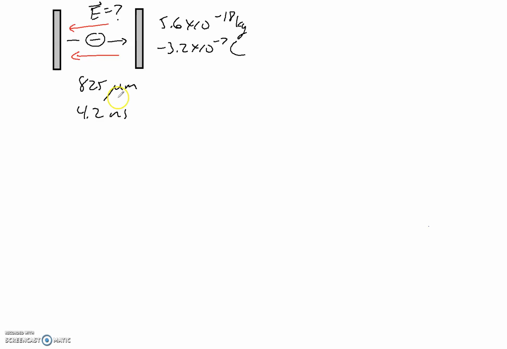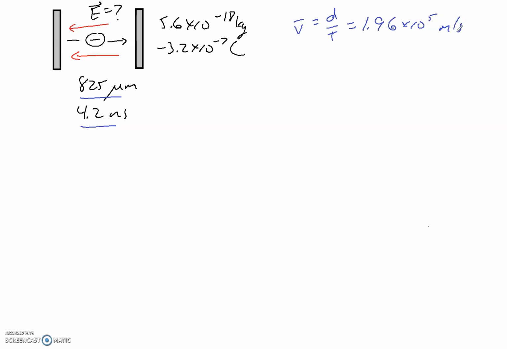First of all, I've got distance and time, and distance and time will give me my average v. So be careful with the prefixes. You've got the negative 6 with the micro, and the negative 9 with the nano. So we'll divide those two out, and we can get the average speed of our charge, which should be around 1.96 times 10 to the 5 meters per second.